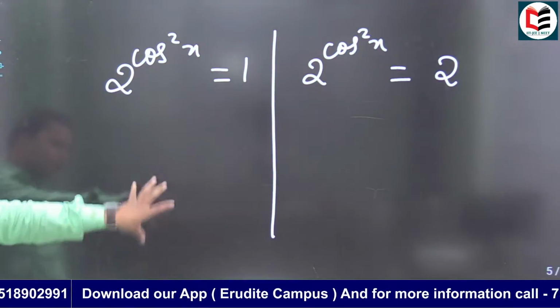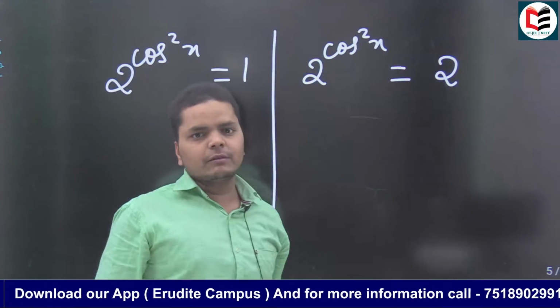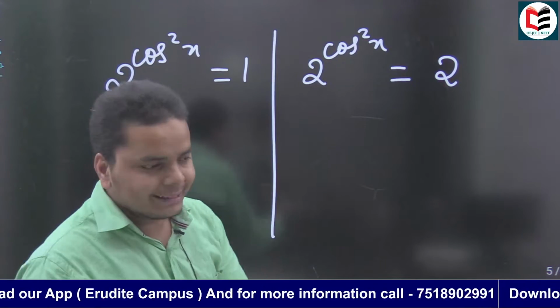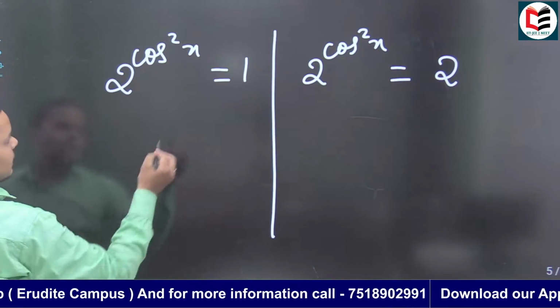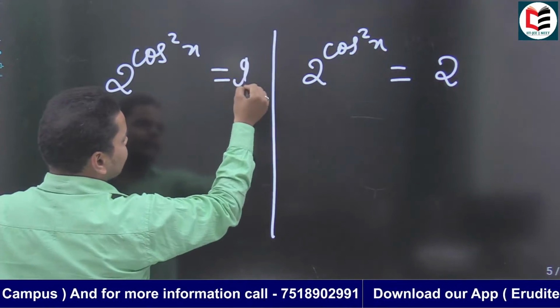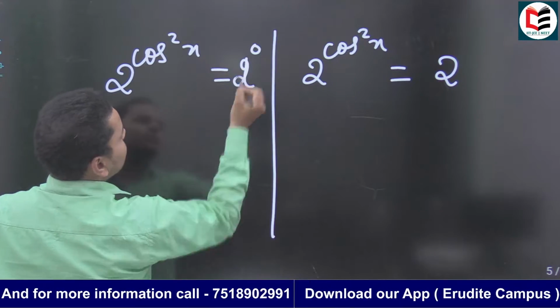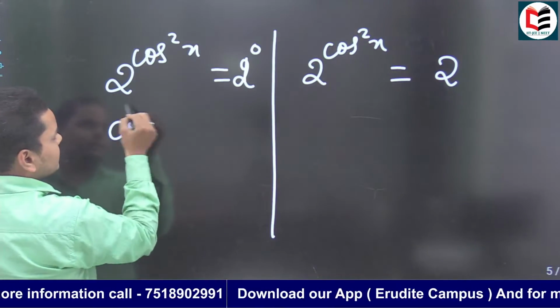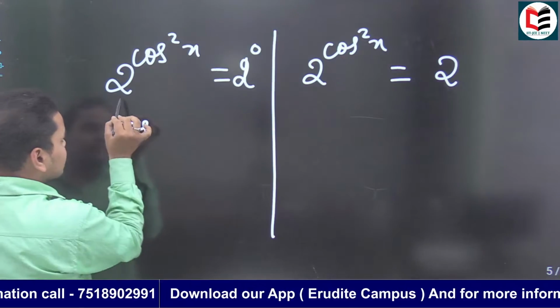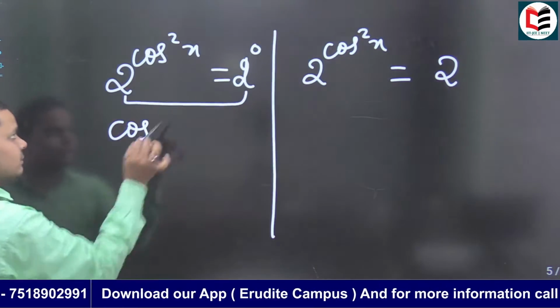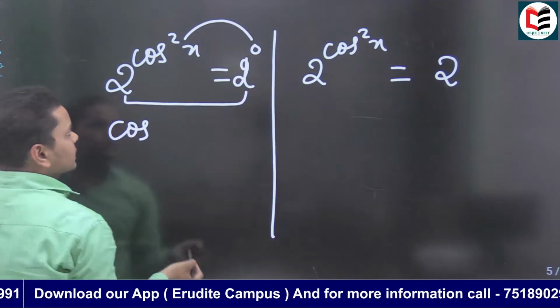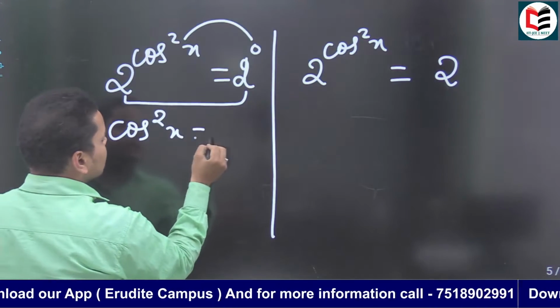By solving these two equations we will proceed to our final answer. Here we can write 1 as 2 to the power 0, and by the equating rule, if the bases are same, then the powers are equal.